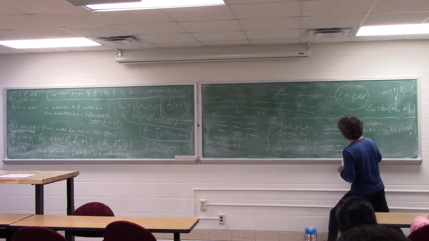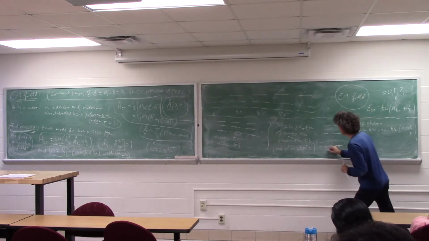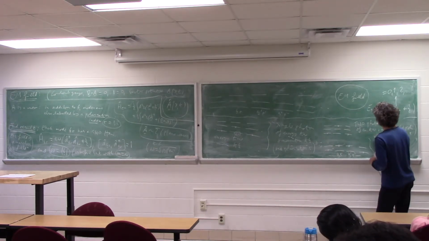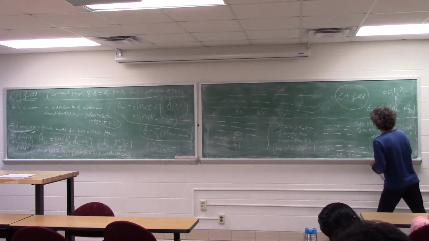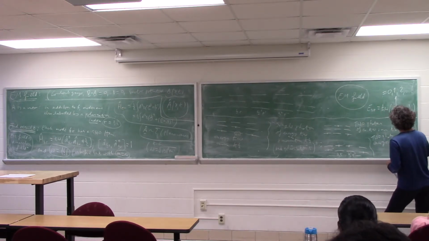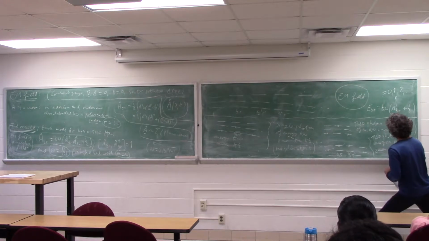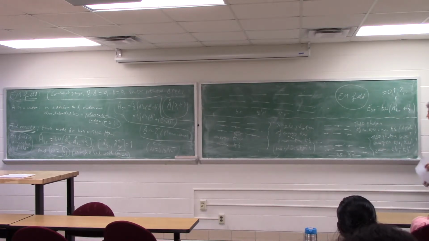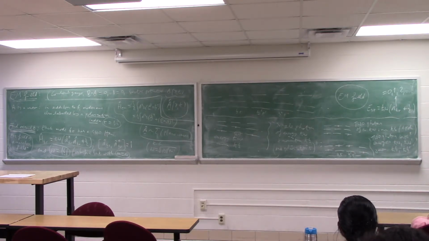Here's the mode Kr, and here's the mode K prime R prime. These are both excited, and all the rest are in the ground state. Here I have two photons with energies h bar omega and h bar omega prime, momenta h bar k and h bar k prime, and polarizations R and R prime. So this is what you would call a two photon state with two different energies and two different momenta.